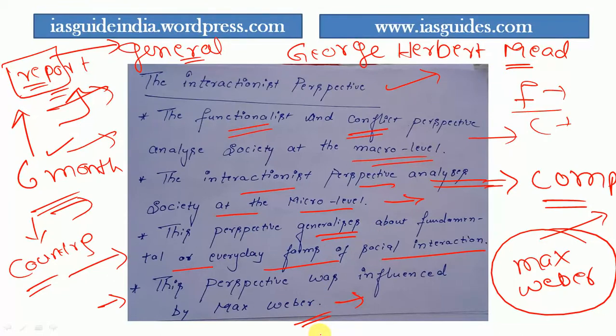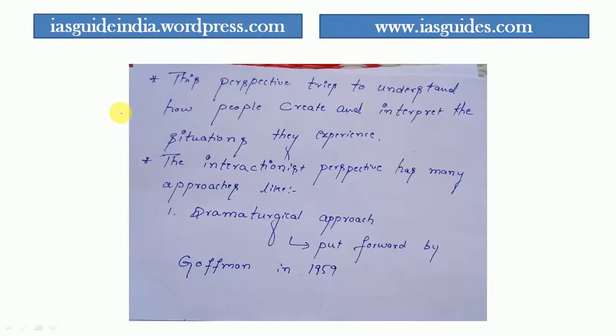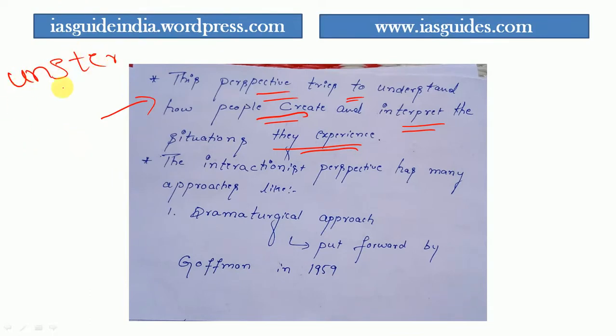The next point is that this perspective, the interaction perspective, tries to understand how people create and interpret the situations they experience in daily life. It tries to understand what people are talking about and how they are creating meaning.